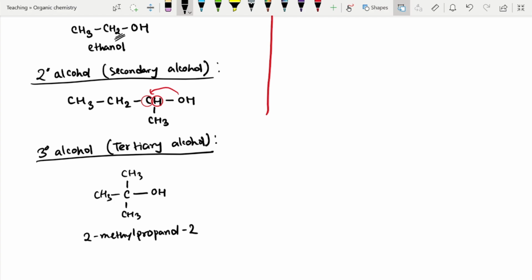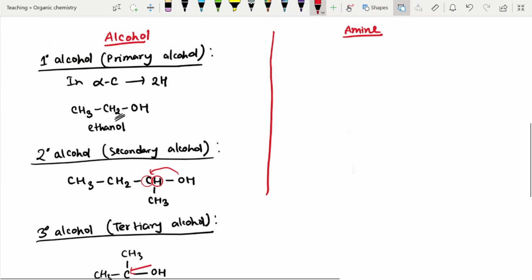So here we can see that with the alpha carbon there is no hydrogen, right? That's why this is 3-degree alcohol or tertiary alcohol.